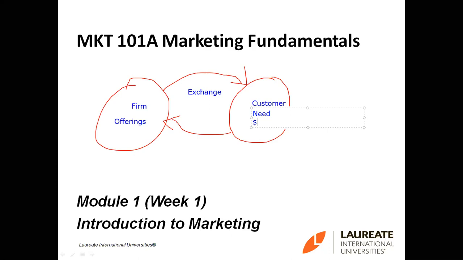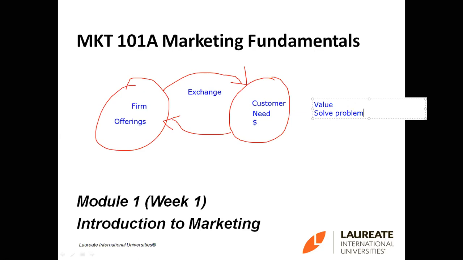Now, when the customers say they like what we offer because it meets their needs, we actually have created value. We actually have contributed to solving the problem of the customers.